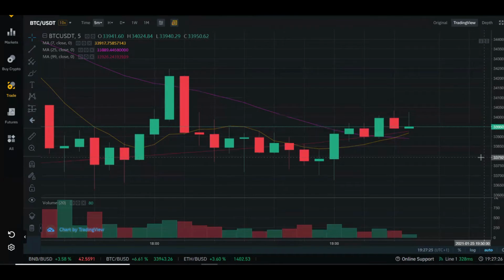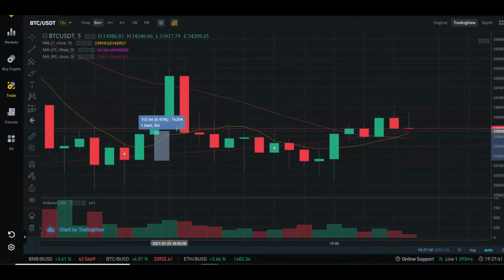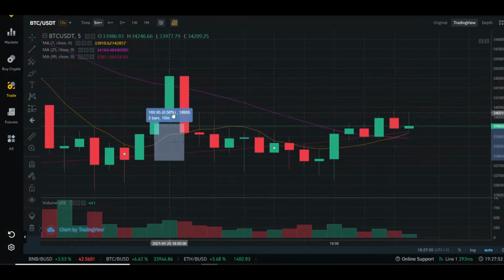So a day trader simply buys it here when it was at 33,775, let's say, and he sells it when the price goes higher. As you notice, I buy it and I sell it higher, and as you can see, I'm making like 0.56% of profit. So you can imagine.